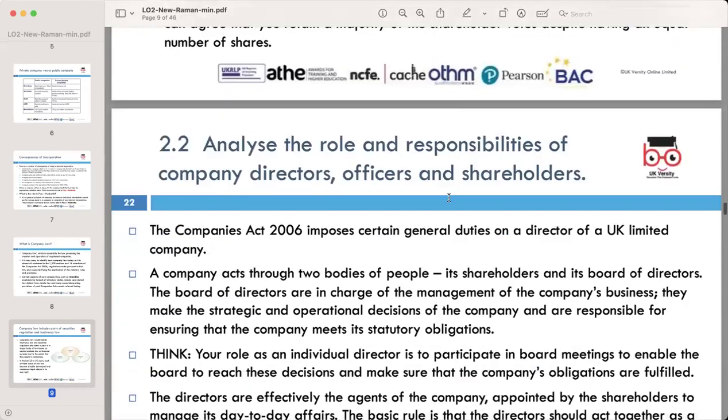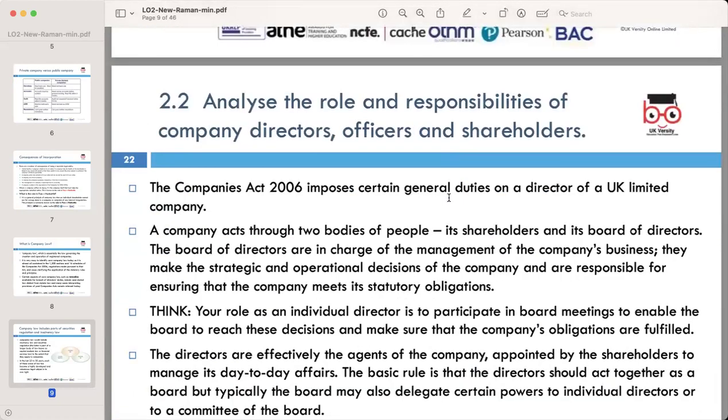So, analyze the role and responsibilities of company directors, officers, and shareholders. Roles and responsibilities of directors and shareholders. The Companies Act 2006 outlines specific duties for directors of UK limited companies. Directors play a very important role as the governing body responsible for managing the company's business.